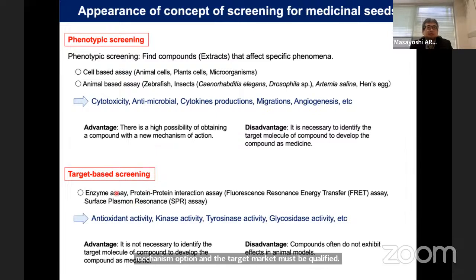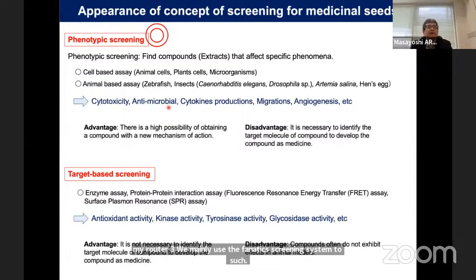Target-based screening, on the other hand, does not require clarification of the mechanism of action or target molecule. But the compound may not show activity at the cellular level or animal level. So in my laboratory, we mainly use phenotypic screening systems to search for medicinal seeds, mainly because we are interested in compounds with new mechanisms of action.